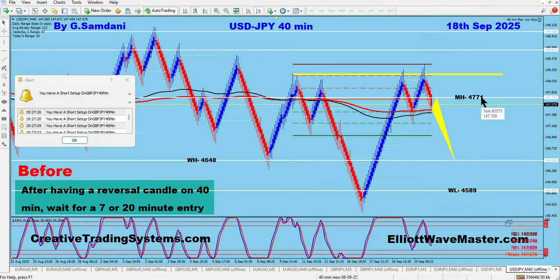So 147.71 is a big number, monthly high, and we already dropped here first and went up, and then again we dropped below this. So more chances that we're going to drop. For what reason? Time will tell. Either USD is going to get weaker or yen is going to get strong, or both maybe, right? So this low here, this SNL level 146.48, would be the next target if we start to drop.